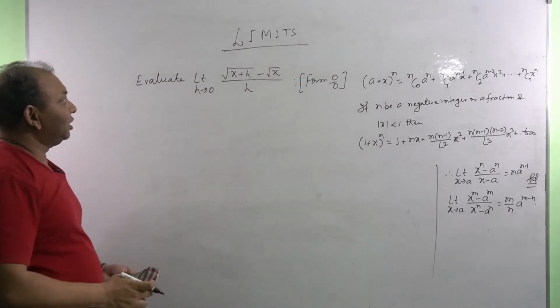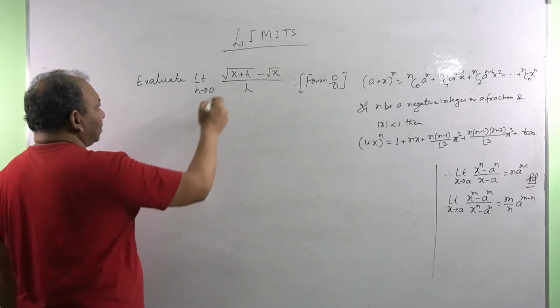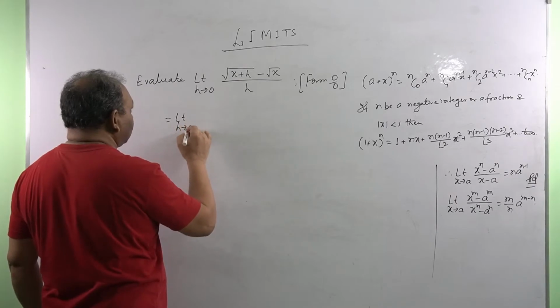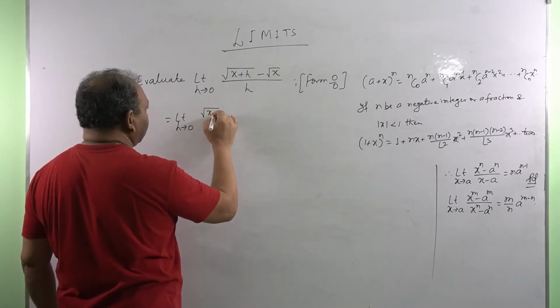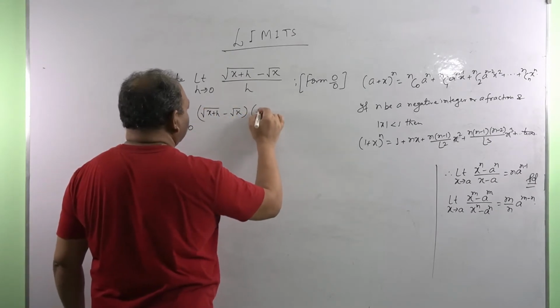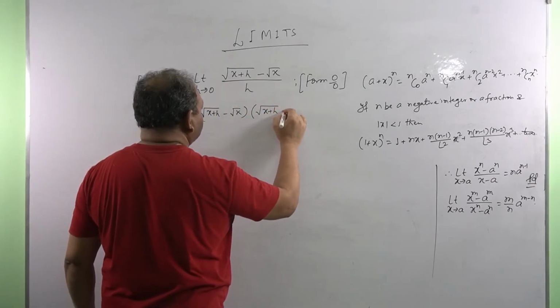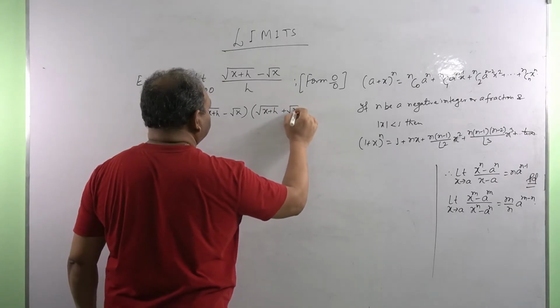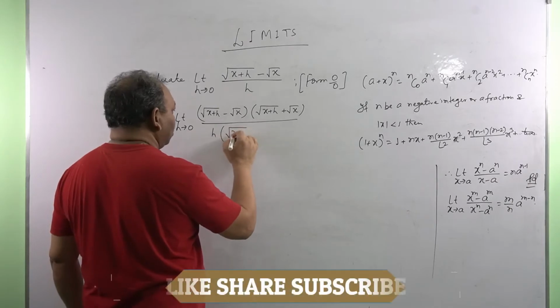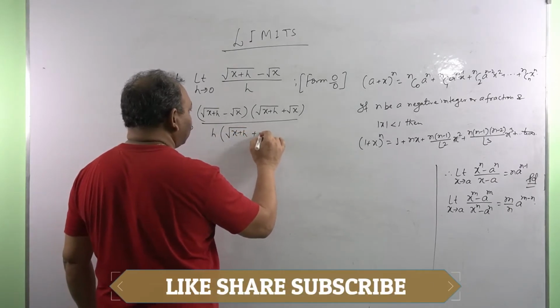Now use your rationalization. So rationalize the numerator. Limit h tends to 0, root over x plus h minus root x, multiplied by root x plus h plus root x, divided by h into root x plus h plus root x.